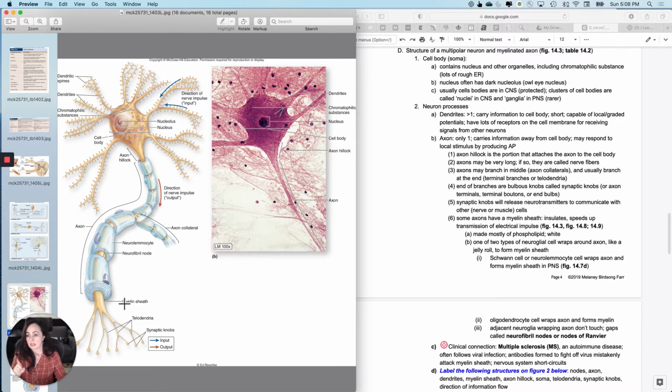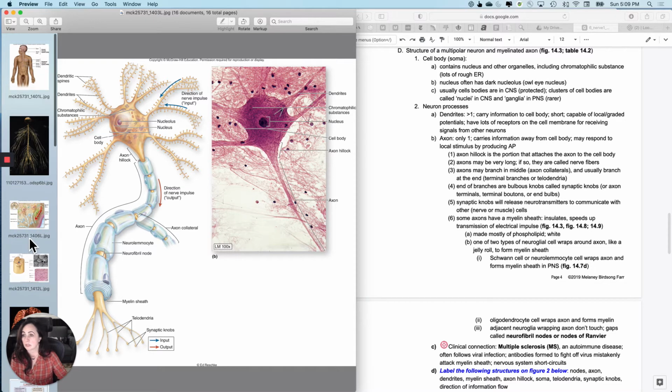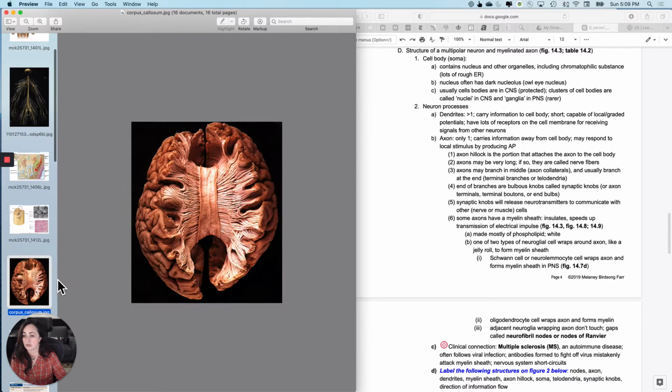Now, one of the other things is that this myelin wrapping around the axon tends to make the tissue white. So wherever you have a whole bunch of myelinated axons, the tissue tends to look white. So white matter tends to be myelinated axons.